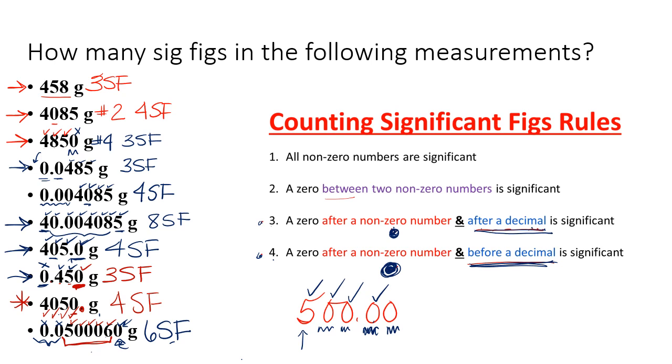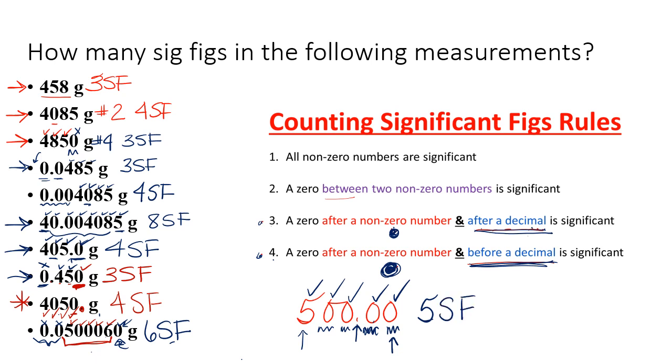Is it after a non-zero number? Yes, it's after a 5. Now it's even further down the line, but yes, it's got a number at the very front, so it is after a non-zero number. And is it after a decimal? It is, because the decimal is right here, and it is technically after the decimal. So in this case, there are 5 significant figures here.